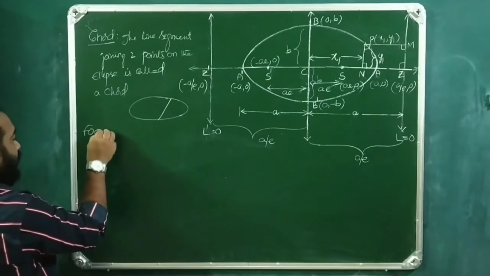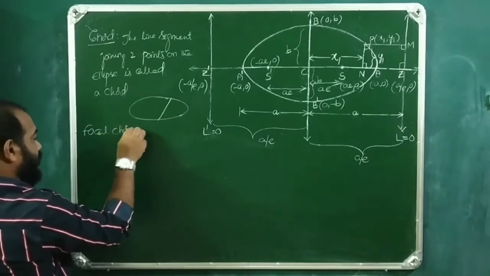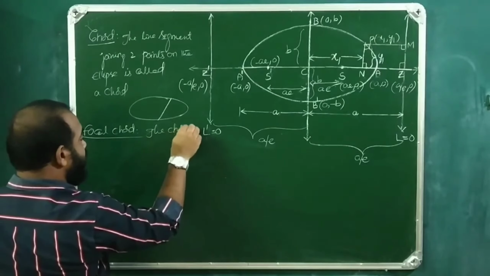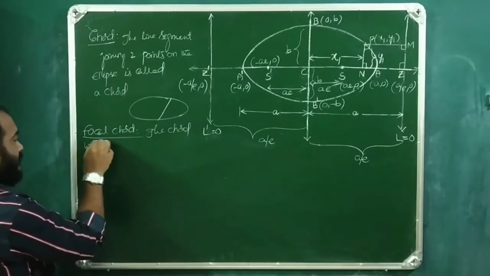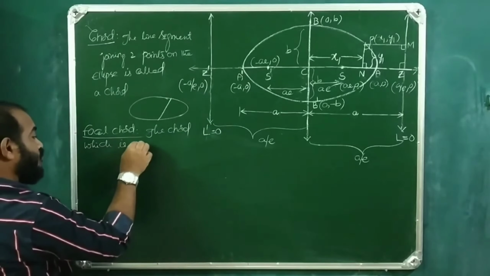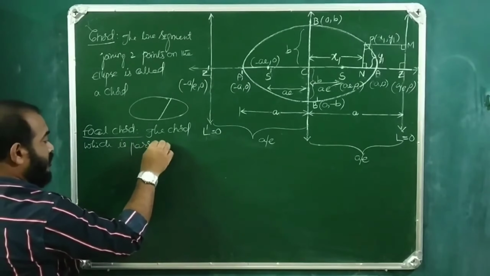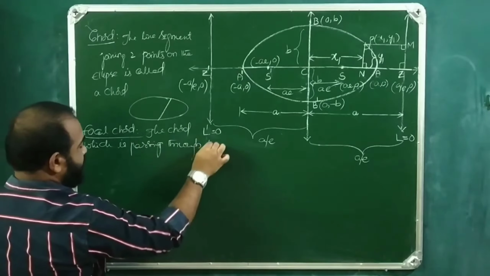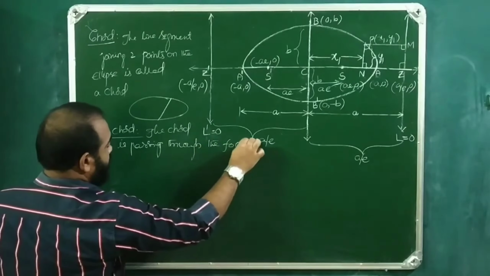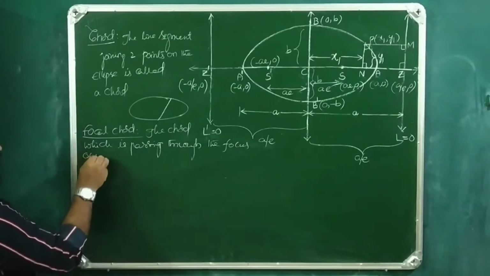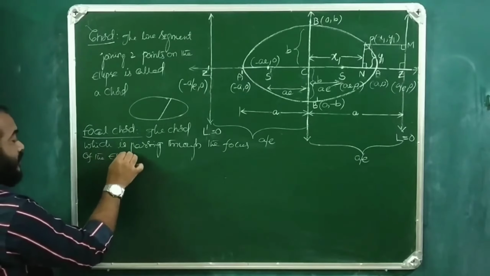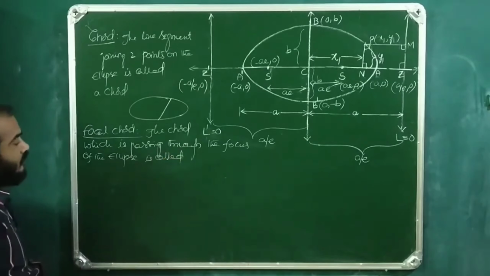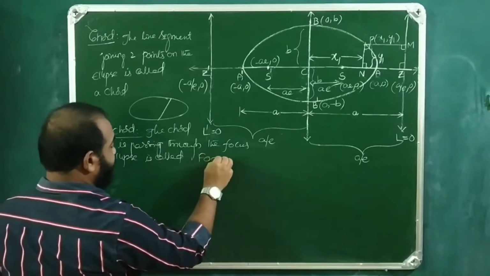Focal chord: the chord which is passing through the focus of the ellipse is called the focal chord.